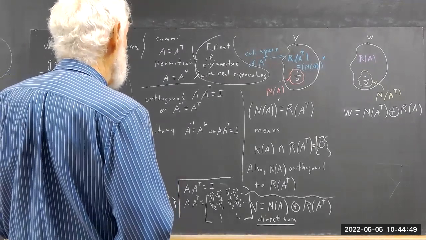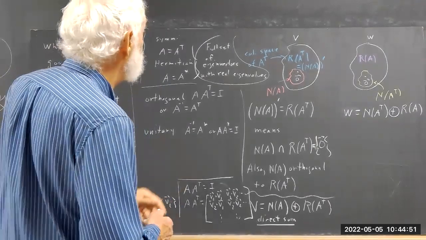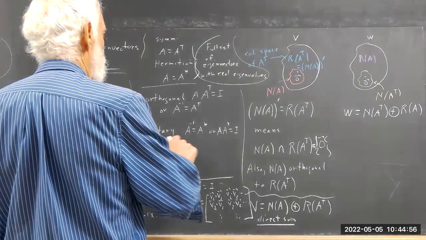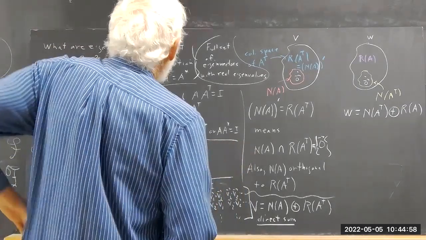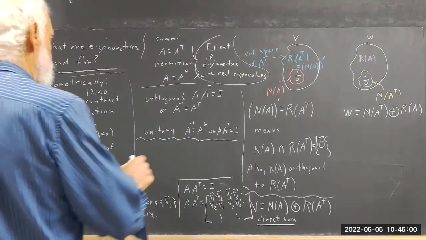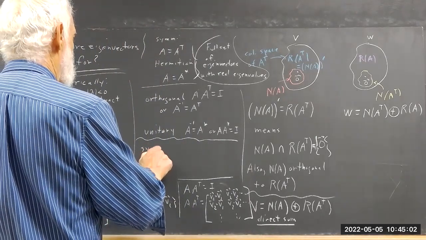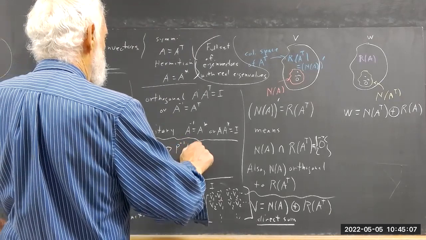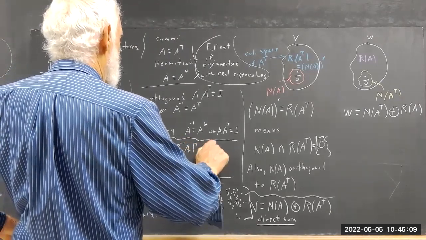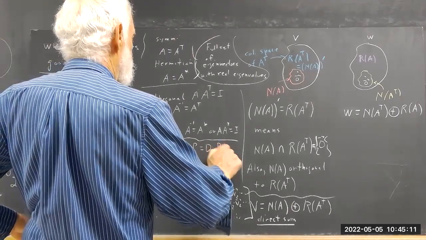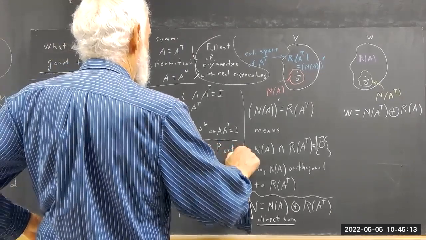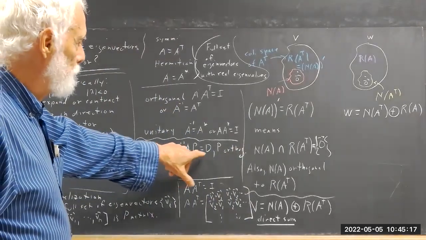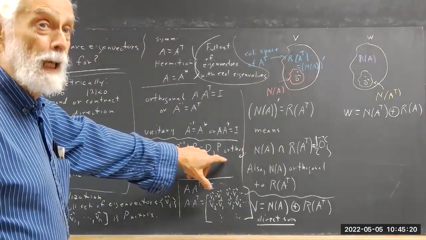But anyhow, unitary, well, there it is again. Symmetric implies that P inverse A P equals D, where P can be orthogonal.